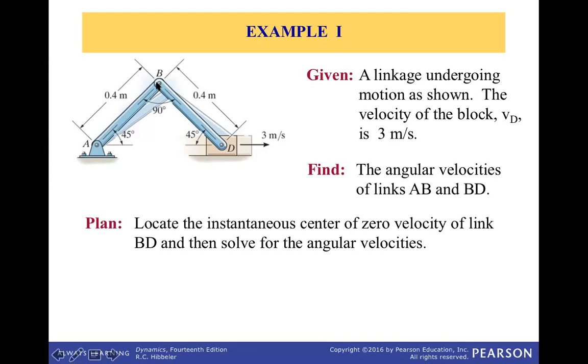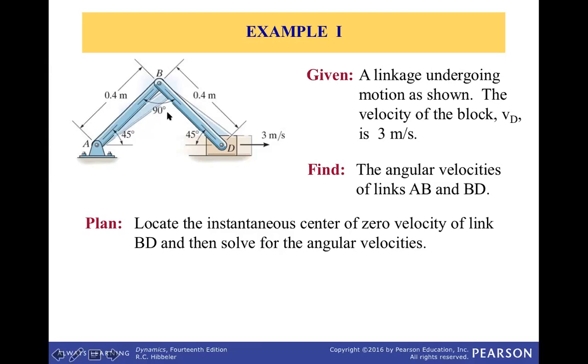Look at this point B. Because this is linkage AB, it will be rotating with respect to point A. So point B should have velocity that's perpendicular to the linkage. Looking at rod BD at a given moment, it will be rotating about its instantaneous center of zero velocity, which we can determine.